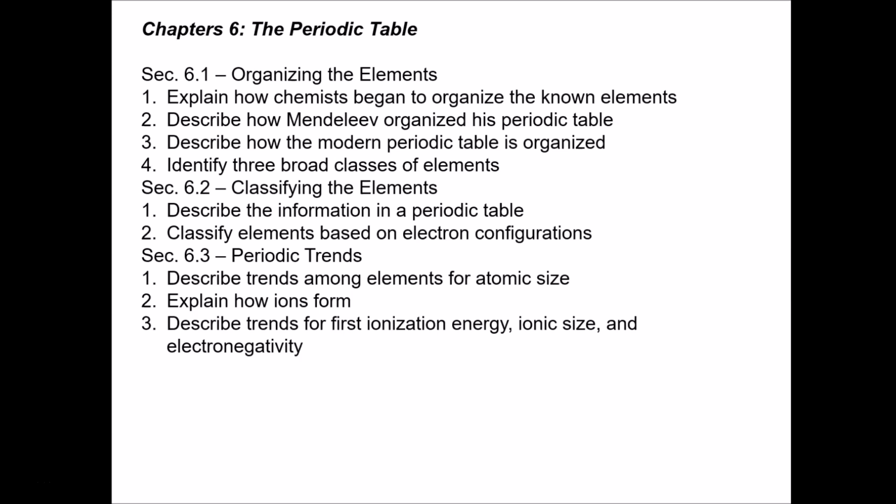So organizing the elements, where again we're going to look at what the organization and the history of the periodic table is. We're going to look at the different families on the periodic table and classifying the elements. And then finally we're going to look at periodic trends that you can get as you look across and down on the periodic table.